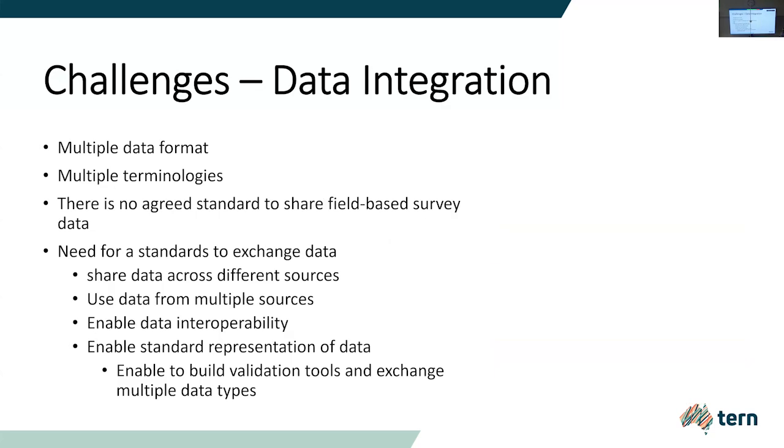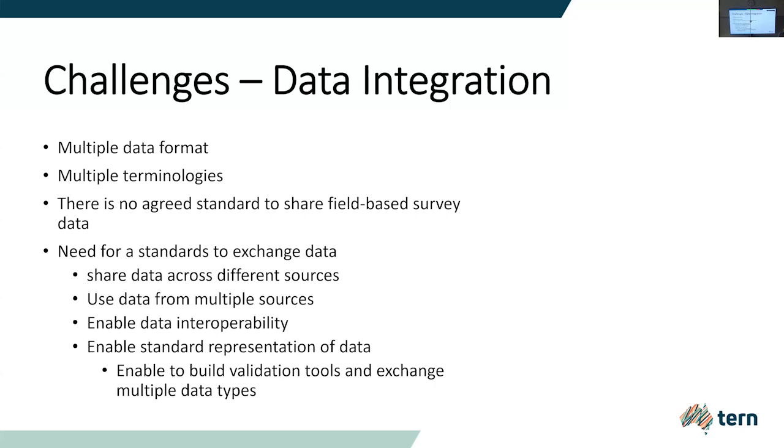Okay, so the challenge is data integration, partly because some provide data in a CSV file or text file, some provide data in a database. Multiple terminologies are used, and there is no systematic way to exchange the data. There is no international or national standard. For example, to exchange biodiversity data, you have Darwin Core.